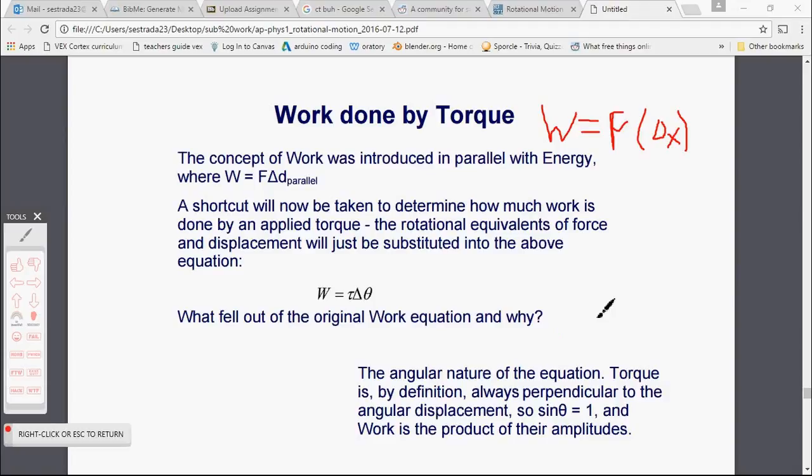And there's my tau. Just like acceleration was net force over mass, and angular acceleration equals net torque over inertia, we do the same change right here. But instead of change in x, we have change in angular displacement, which is going to be our theta right there, in radians. The units are still going to be joules, and it's the same way that we're going to find it.